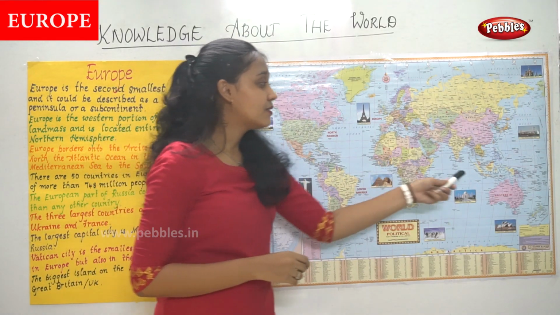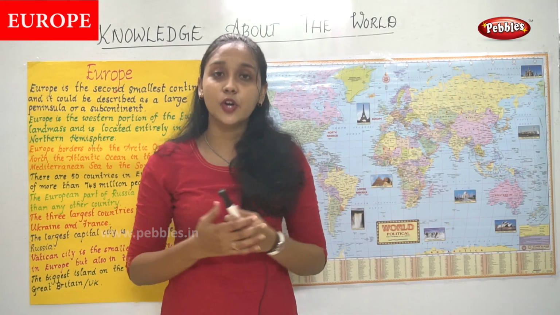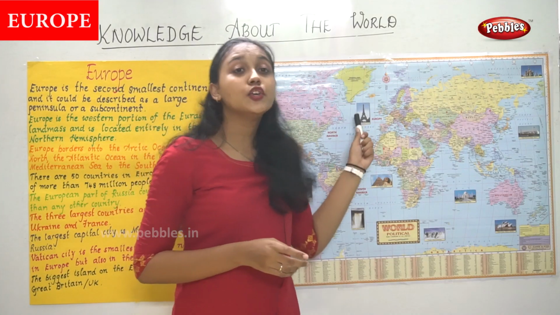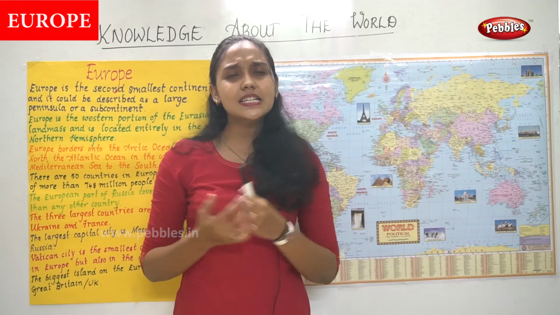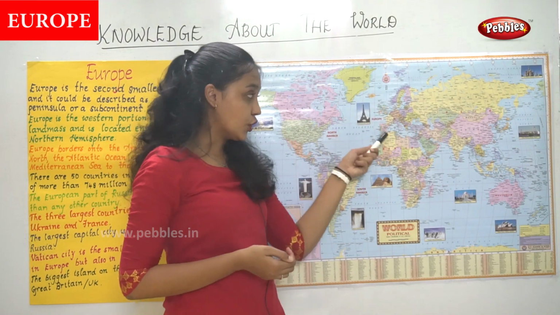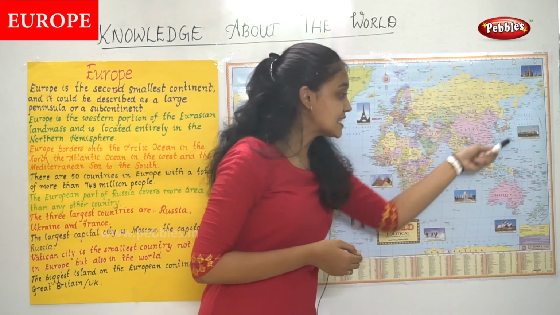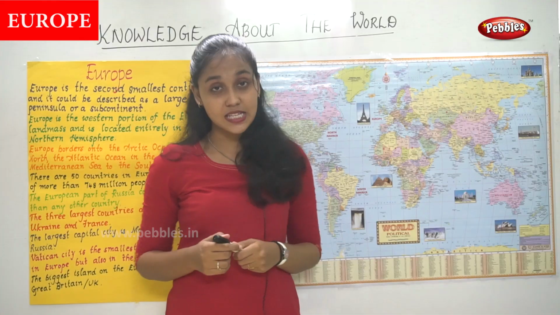So this land mass here is what we call a supercontinent. It's called Eurasia, the Eurasian land mass. So why is it called Eurasia? See, this continent is Europe and this is Asia. So the Eurasian land mass.